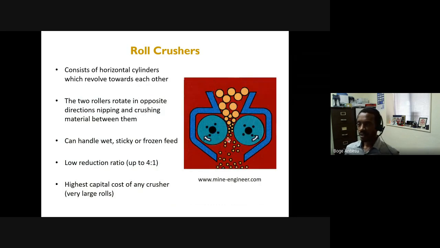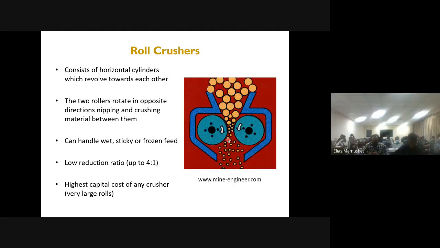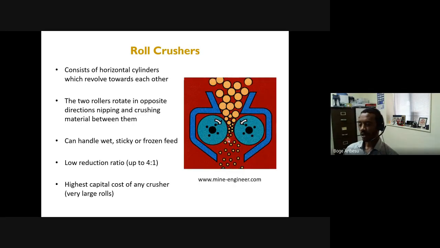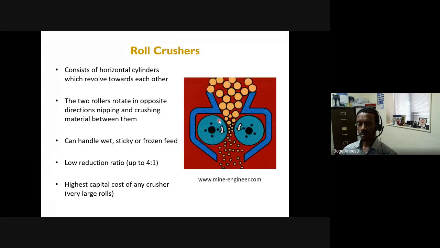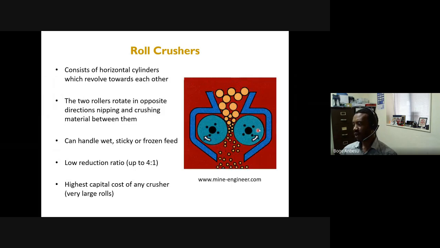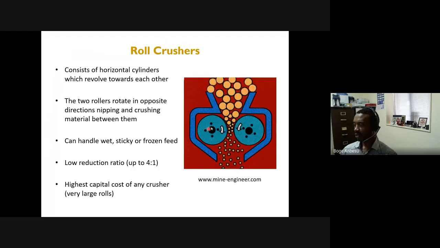Another secondary and tertiary crusher that's used in mineral processing operations is the roll crusher. With a roll crusher, we have two rolls. These are made from large metal cylinders and they are rotated against each other, and feed comes from the top.